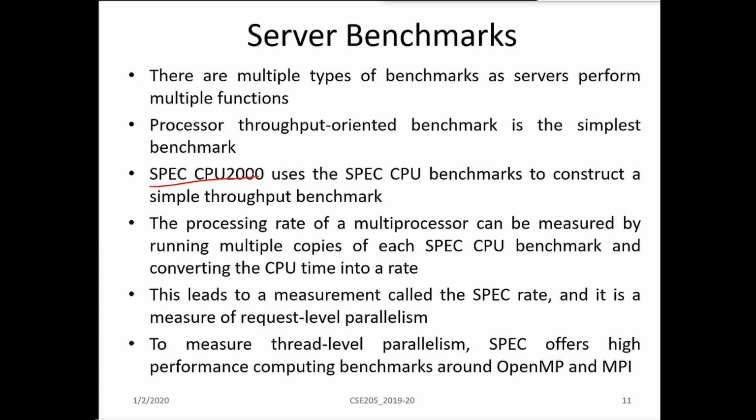And even when it is server kind of things, the variant they are going for is thread level parallelism, and SPEC offers high performance computing benchmarks around OpenMP. My point is that you need not write any code, it is readily available. Simply take that code, execute it and visualize the result.